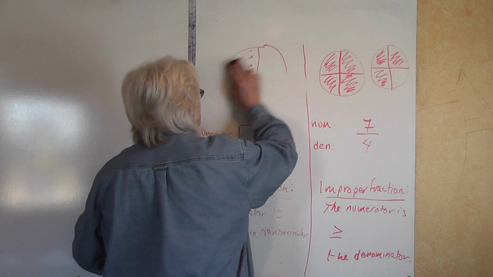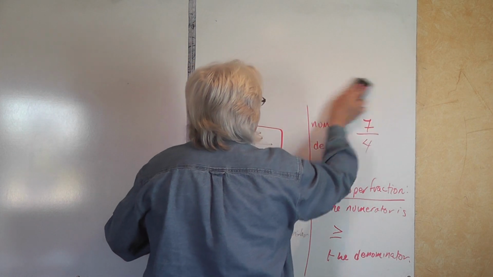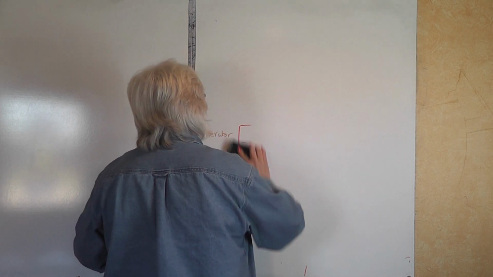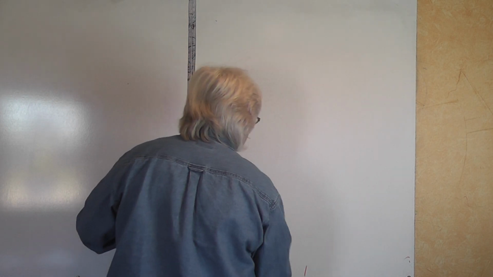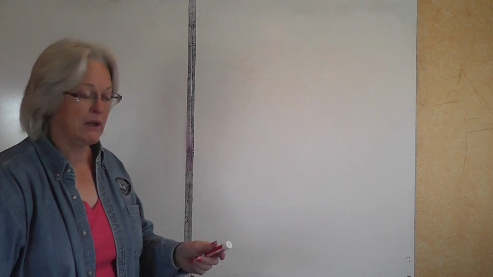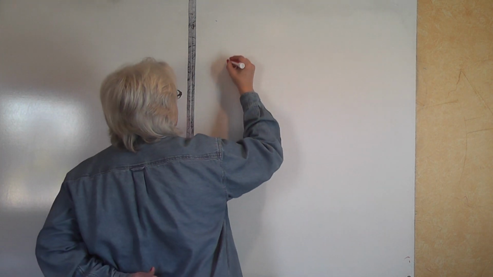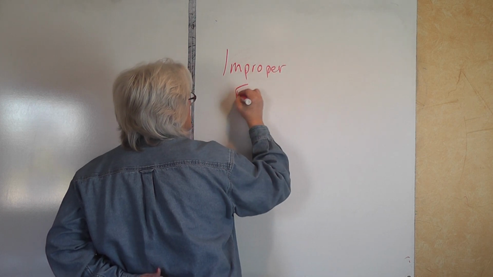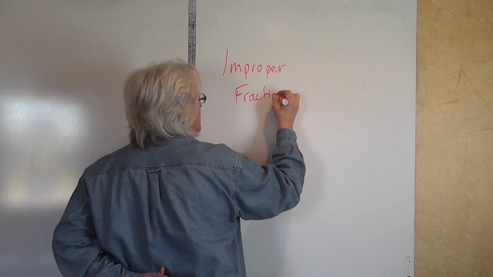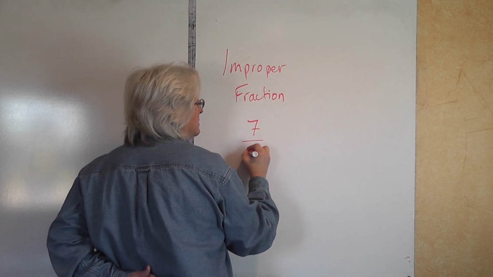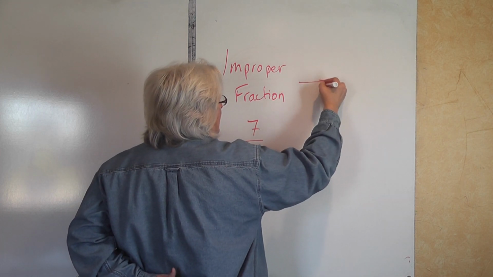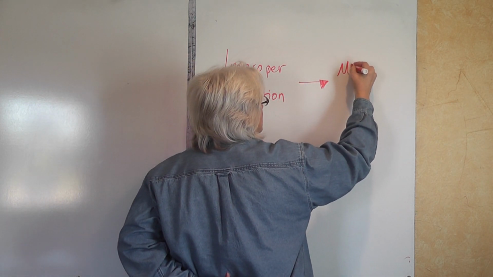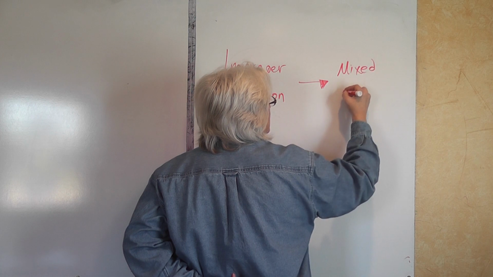What did she ask you to do? She asked you, or he asked you, to always convert an improper fraction to a mixed number. So you had an improper fraction. For example, you had your 7/4. And they asked you to convert that to a mixed number.